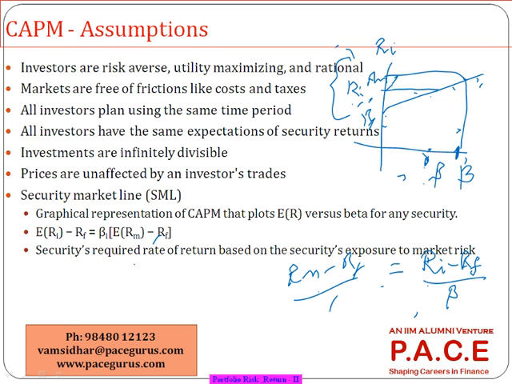Now, simple arithmetic: RI minus RF is equal to beta times RM minus RF. Is it fine? So from here I get RI equal to RF plus beta times RM minus RF.